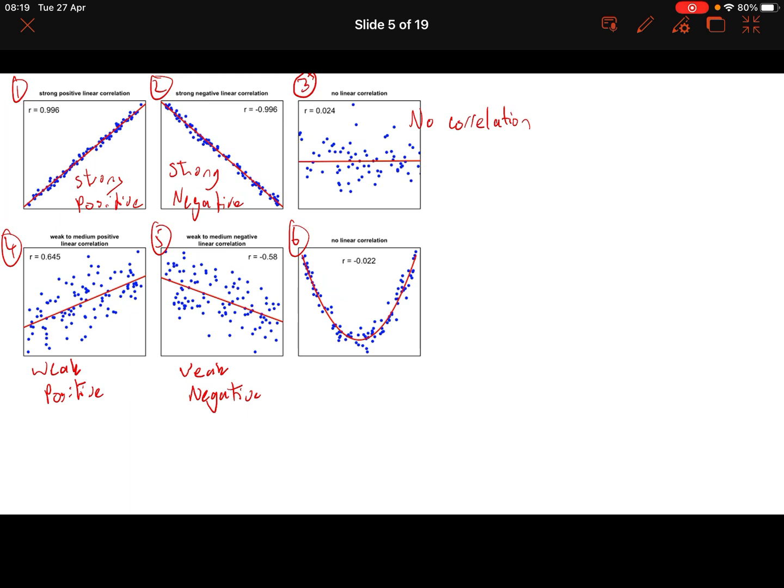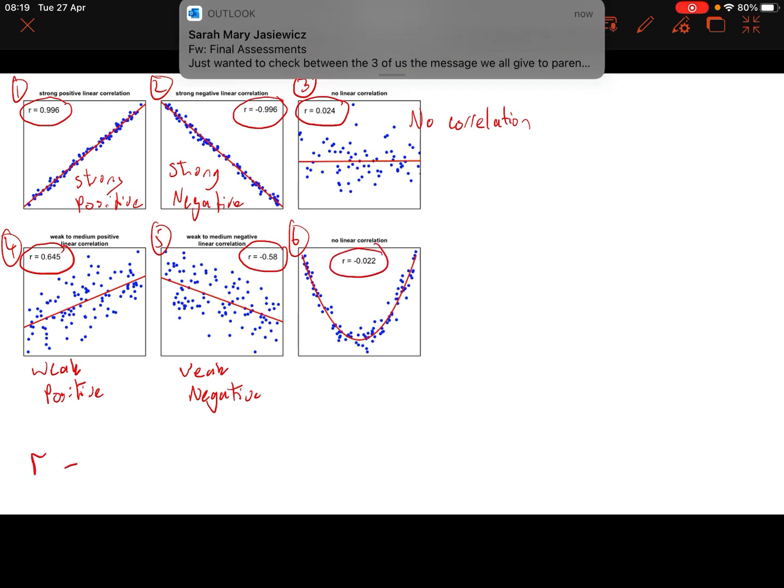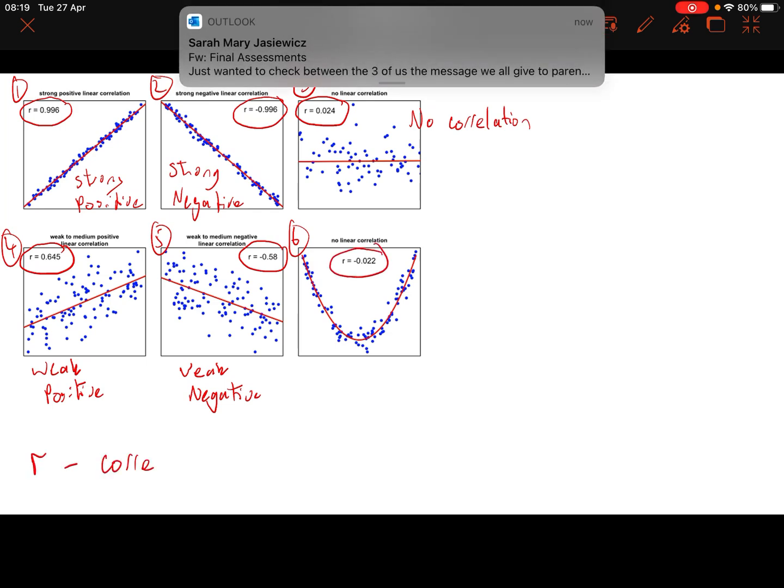Now, you'll see here what we've got is this number R. Each one of them has a number R. Okay, and this R is what we call the correlation coefficient.